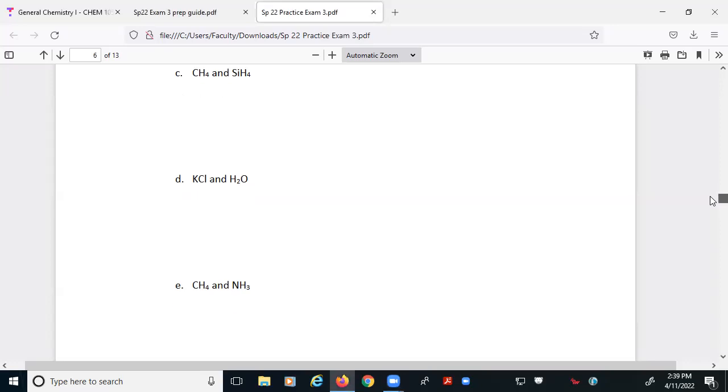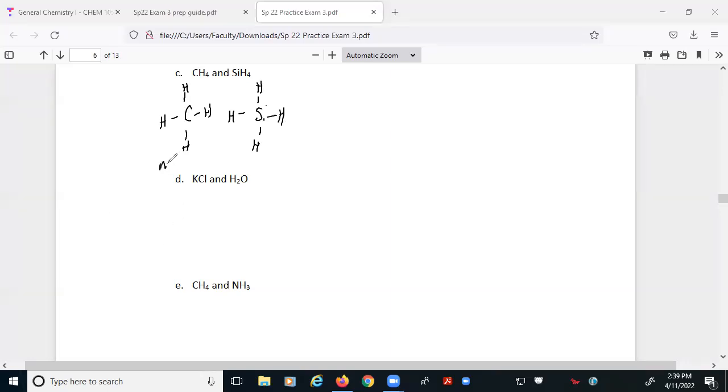All right, methane and silane, CH4 and SiH4. Structures for these are simple. We've got methane and silane. All symmetrical tetrahedral molecules.